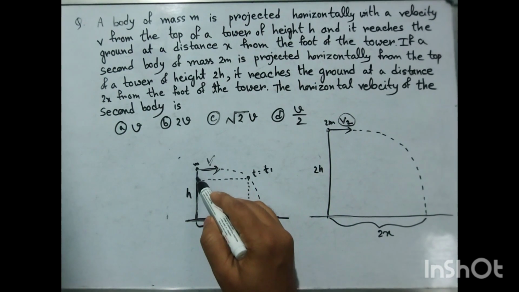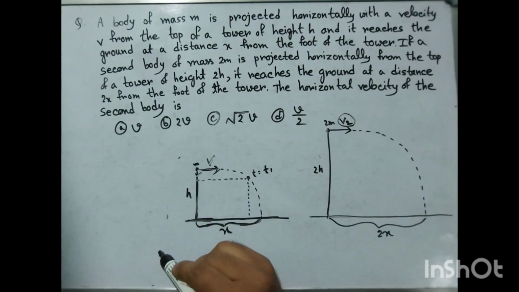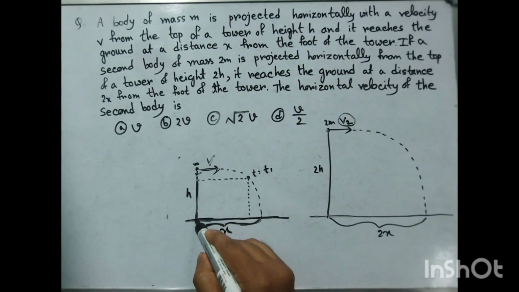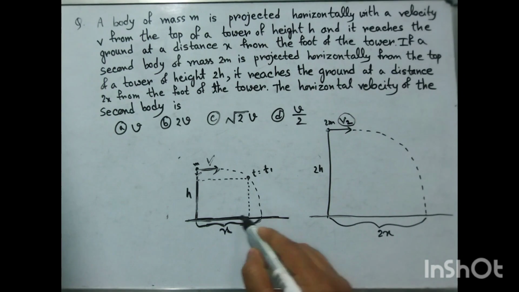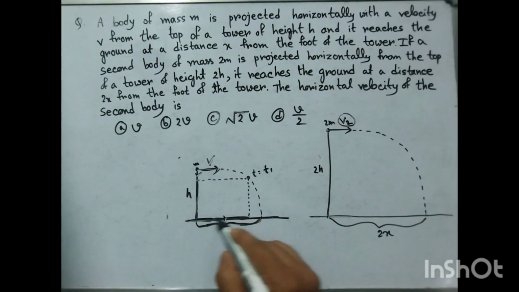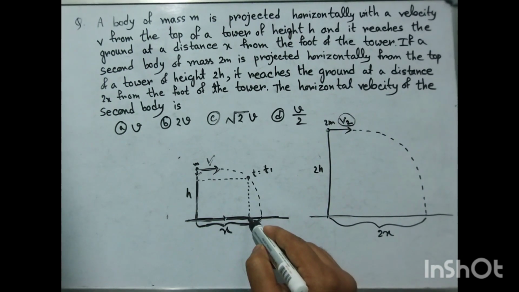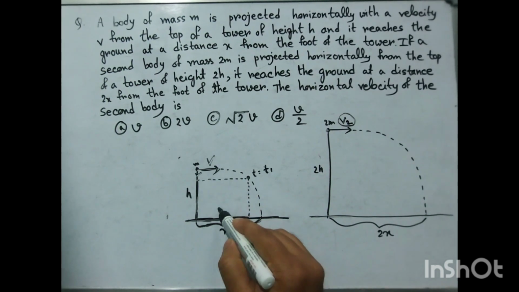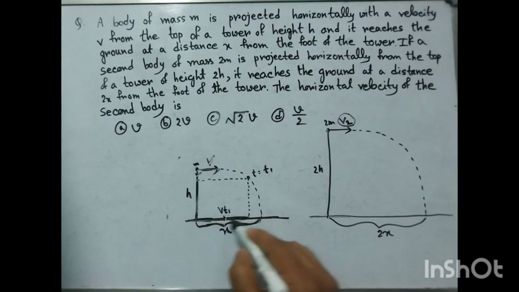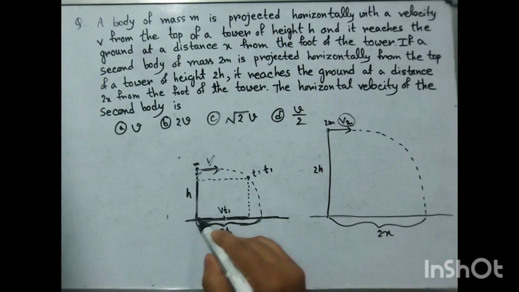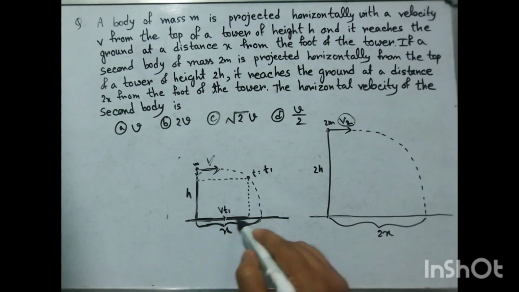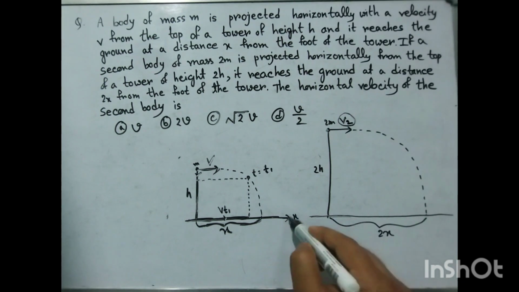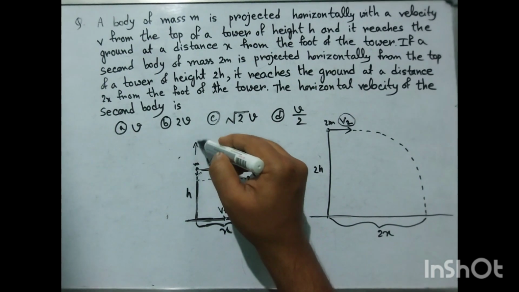Vertically it has come this much way, and horizontally it has gone this distance. Horizontally it will travel vt1, x equal to vt1. This is along the x axis and this is along the y axis.